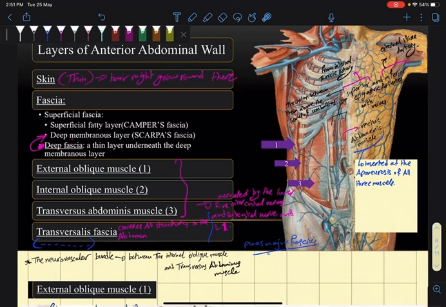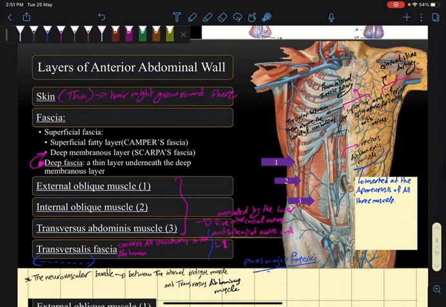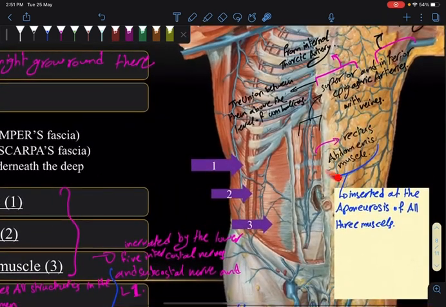It is located anteriorly and laterally. And the transversus abdominis muscle is the third, the most internal one. And we have a muscle called the rectus abdominis muscle, the fourth muscle. Where does it take its insertion, or where is it located? It is located at the aponeurosis of these three muscles: the external oblique, the internal oblique, and the transversus abdominis.